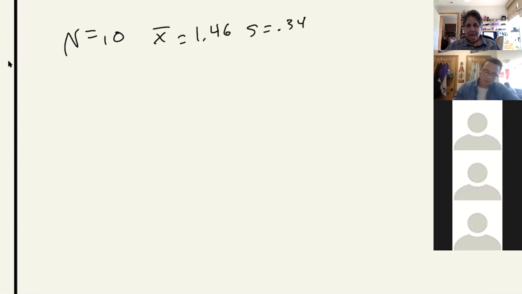Okay, question. What is the 95% confidence interval? And as I say, in other situations you might be asked, what is the 95% margin of error? It's the same question. So the 95% confidence interval has a formula like this.